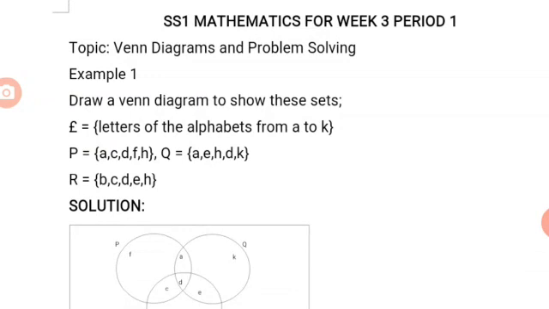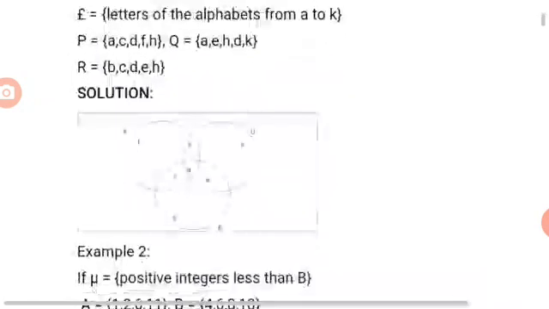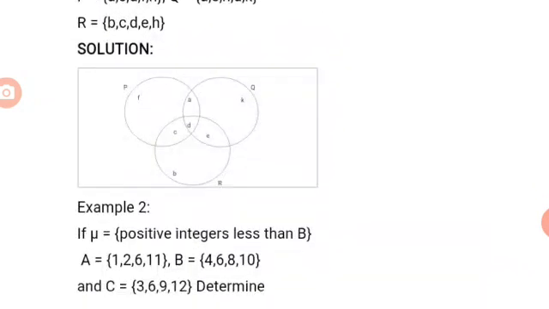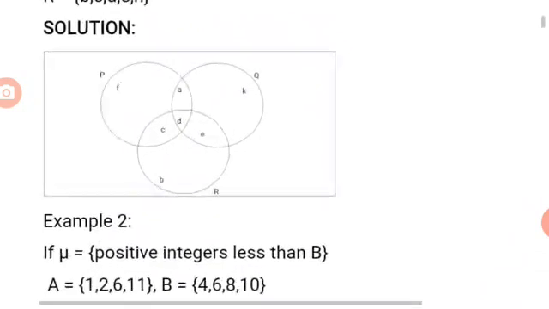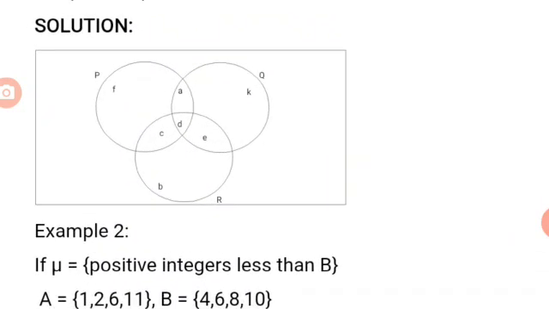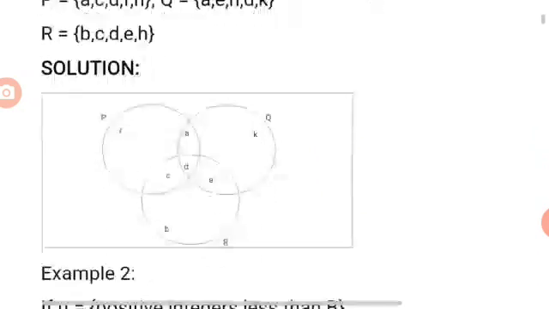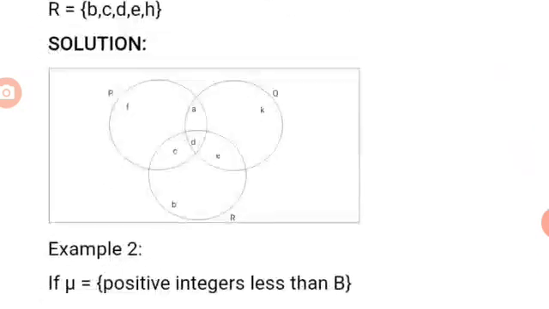Now, how can we use a Venn diagram to show this? The first thing is to draw the rectangle. After drawing the rectangle, you draw 3 circles. These circles will have an intersection, that is, something in common.